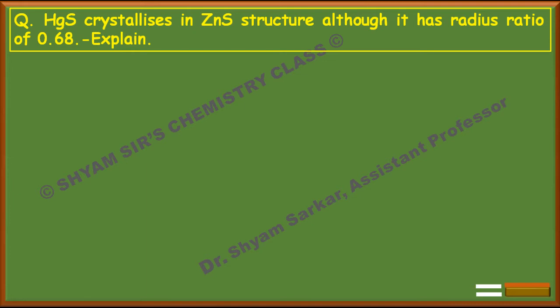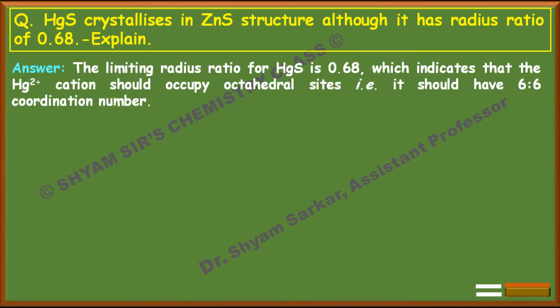So let's see how to explain this type of question. See, the limiting radius ratio for HgS is 0.68, which indicates the Hg2+ cation should occupy the octahedral sites. That means it should have 6:6 coordination number, that is it should form NaCl type crystal, but actually it forms ZnS type structure.